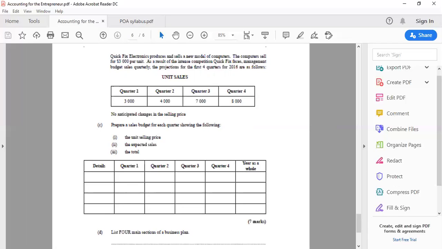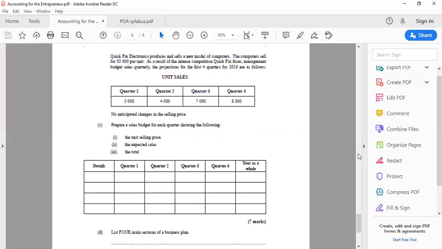So you're preparing a sales budget for each quarter showing the unit selling price, the expected sales, and the total. Okay? And of course, you have to work out the year as a whole. So to get the year as a whole, you will add quarters 1, 2, 3, and 4 together, right?